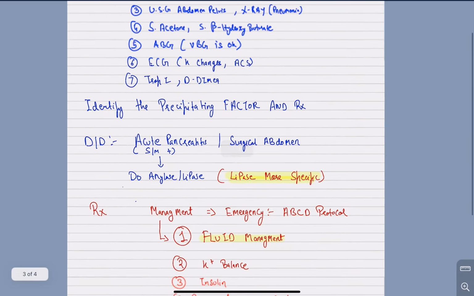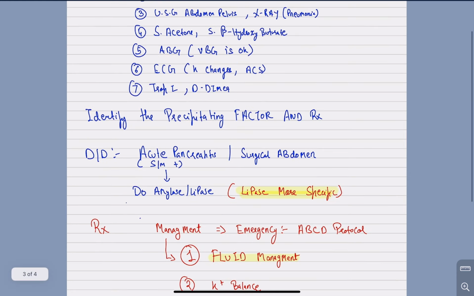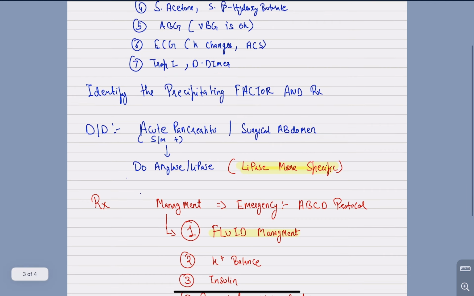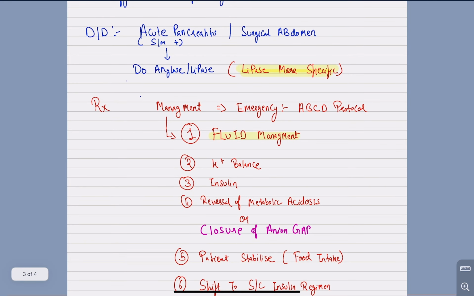So now, first to diagnose and differentiate, you will need to find out the precipitating factor and then do the treatment. So quickly, a note on acute pancreatitis or surgical abdomen like acute appendicitis. Do amylase and lipase to differentiate it from acute pancreatitis. If it is high, it can be the trigger or it can also lead to misdiagnosis.